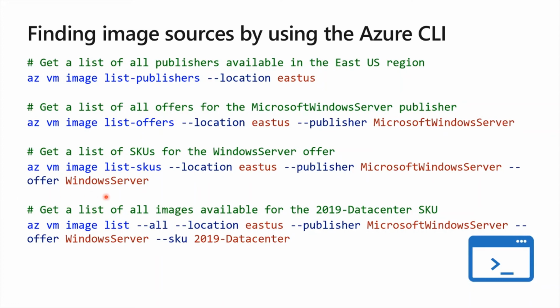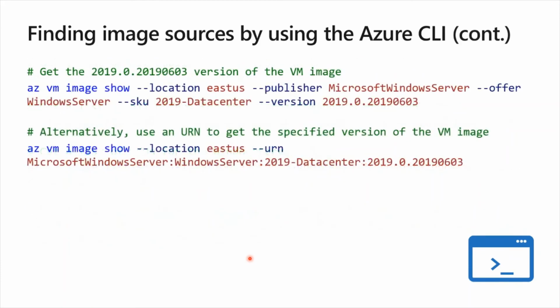If you want to get the image for a SKU, that is list with location, publisher, offer, SKU. So simple, right? You just go one level down every time.